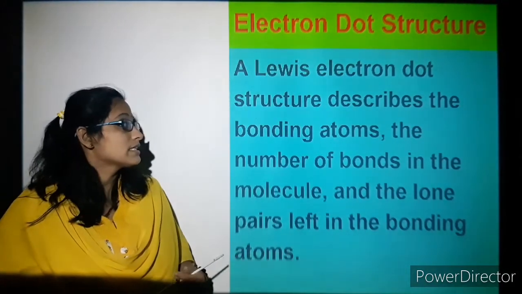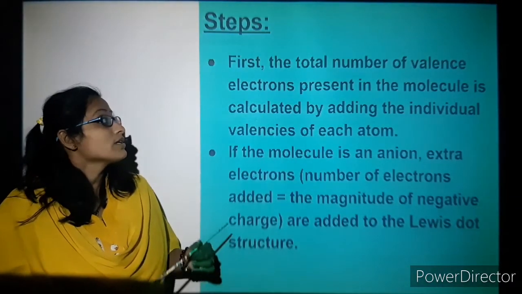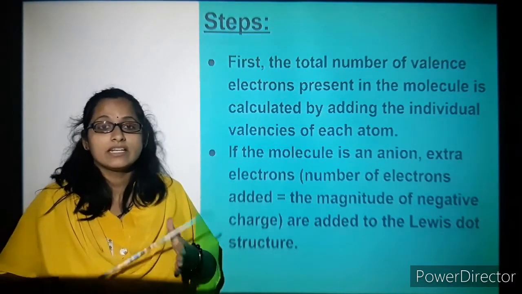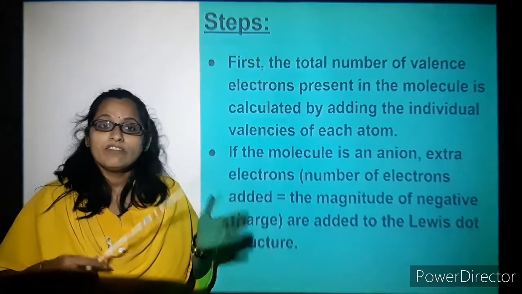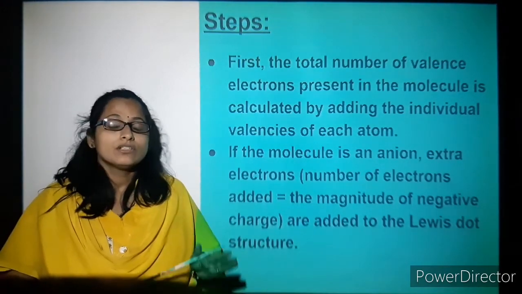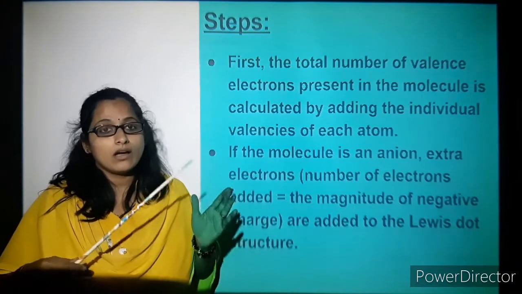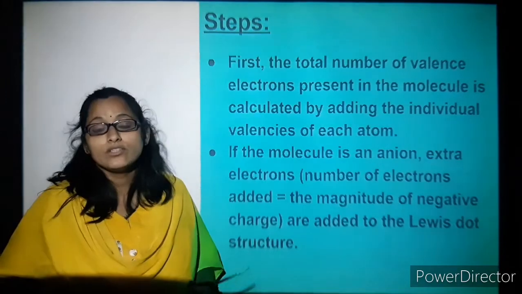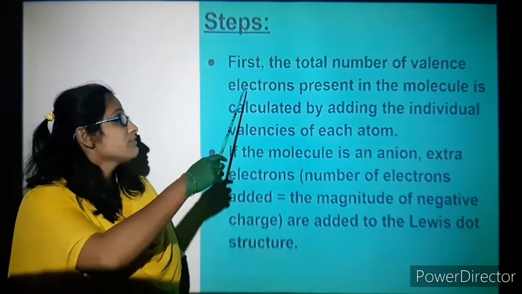Coming on to the next slide. What are the steps involved in it? Initially I had been telling you about the valency and valence electrons with respect to the atoms. With understanding the valency only, we can draw all these dot structures. What does the first step say?